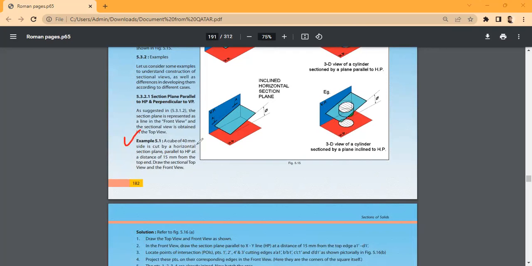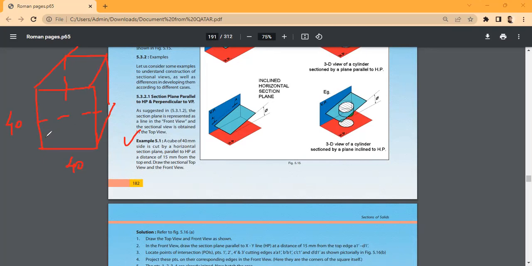A cube of 40 mm side. So this is my cube, right? So side is 40.